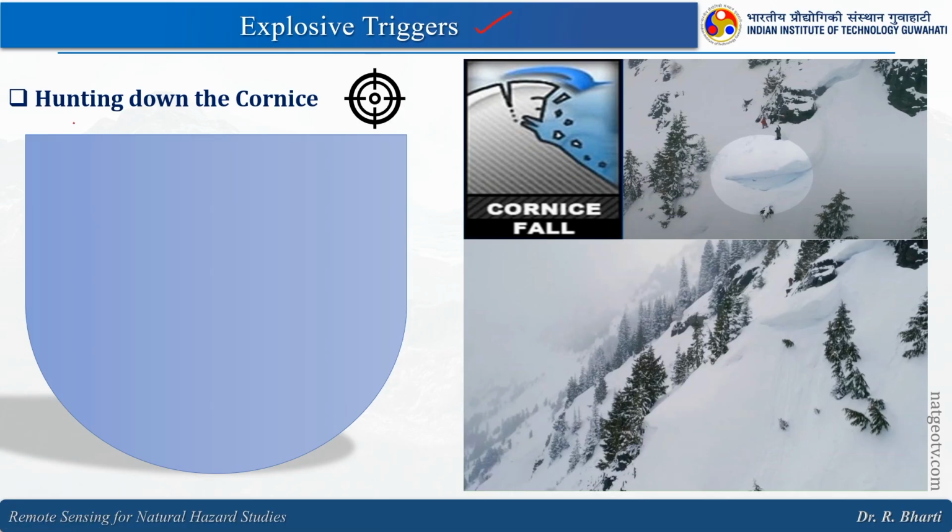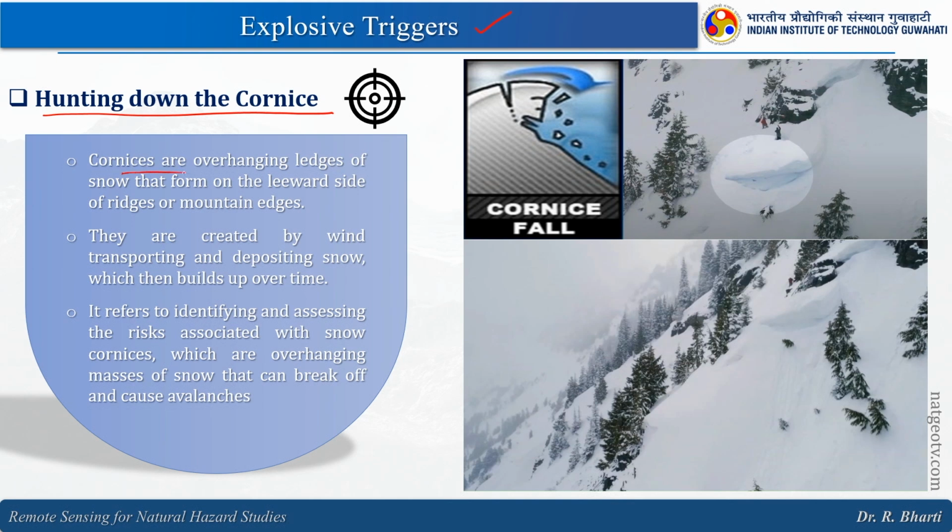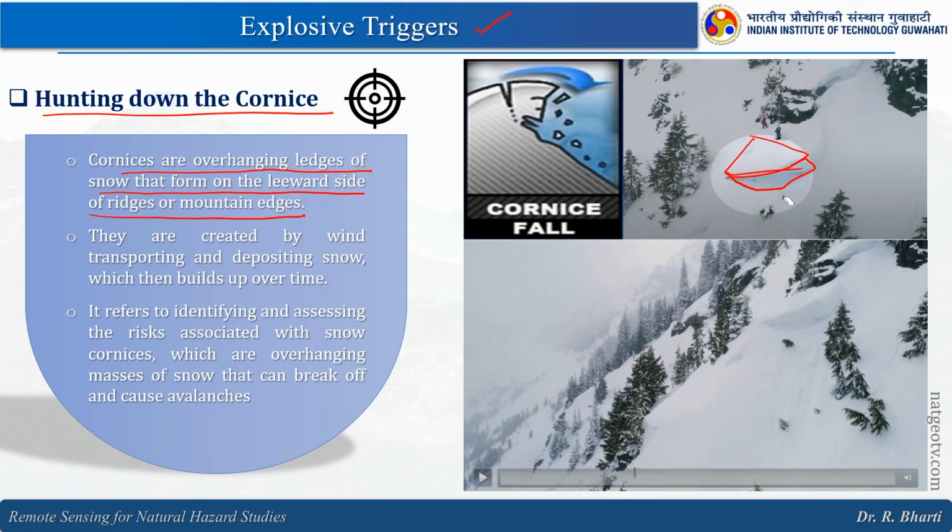Here, hunting down the cornices. Cornices are overhanging ledges of snow that form on the leeward side of a ridge or mountain edge. Here you can see the cornices. This is a mass which is hanging, formed because of snowfall or accumulation over time.